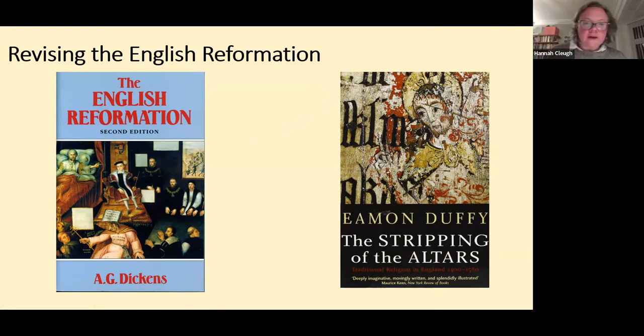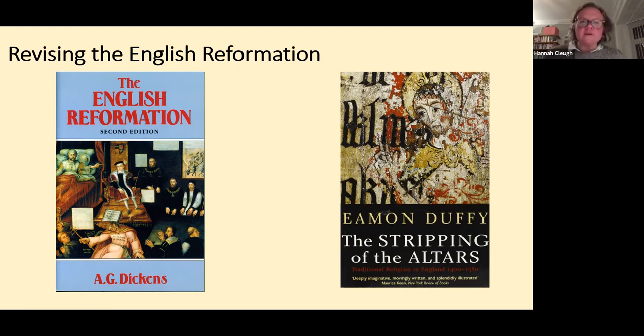So, one of the great questions about the English Reformation is what story we're telling. There was a traditional narrative, which I'm possibly slightly unfairly using A.G. Dickens as an exemplar for, but it's representative, that was predicated on a story that told us that progress and Protestantism went together, and that the late medieval English church was moribund, ripe for reform, in which the general populace had little sense of affinity or loyalty to it.